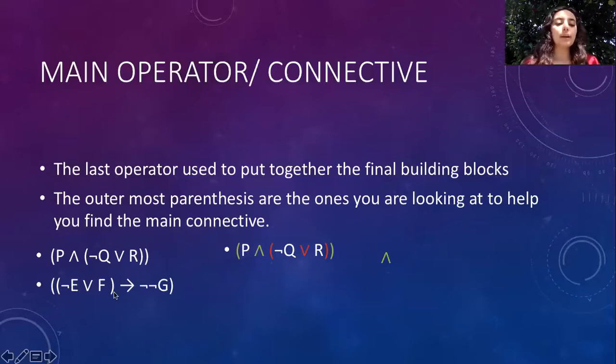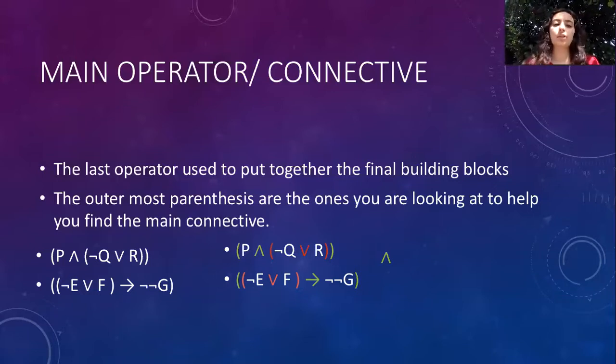The main operator that's combining all of this, the E and the F and the negation G, is our conditional. If you didn't see it, here it is in colors. The red is just that first part of the sentence, and then the green arrow, the conditional, is combining both the red and the negation G, and that is our final building block. That is the main operator. That's the thing that's combining both of these two molecules, you can say, right?